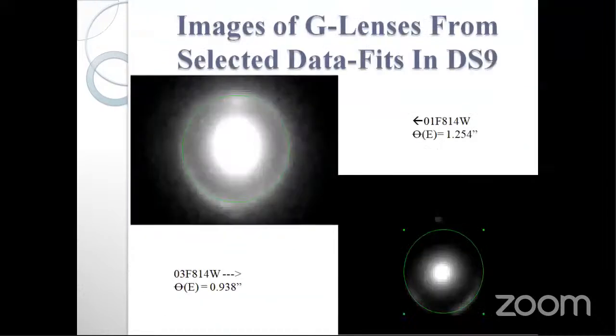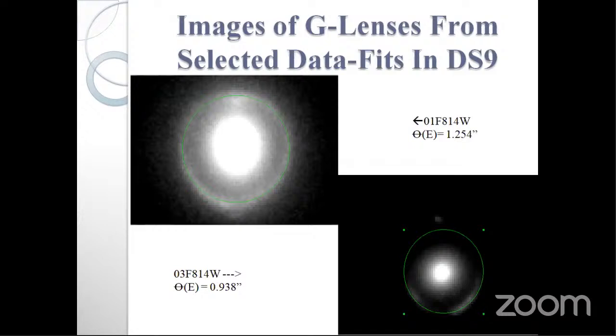For that, we uploaded the downloaded images from the archive onto the DS9 software, and here, using the region feature, and of course setting the contrast right and adjusting the logarithmic scale, we found theta, the radius of the ring. These are the actual data images of the ring of the data used in this project.